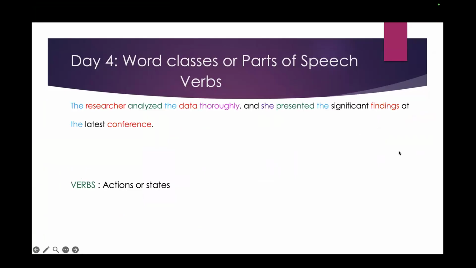Okay, so yes, this was our example, our phrase example that says: the researcher analyzed the data thoroughly and she presented the significant findings at the latest conference. Here we have in different colors the different word classes.